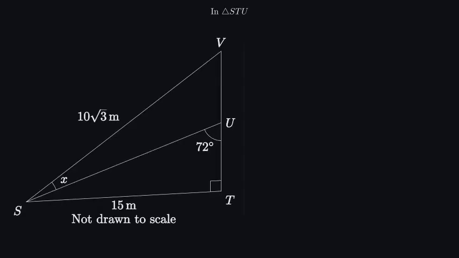Now focus on the smaller triangle, STU. We are given angle SUT equals 72 degrees. Also, angle STU equals 90 degrees because ST is horizontal and UT is vertical. The angles in a triangle add up to 180 degrees.